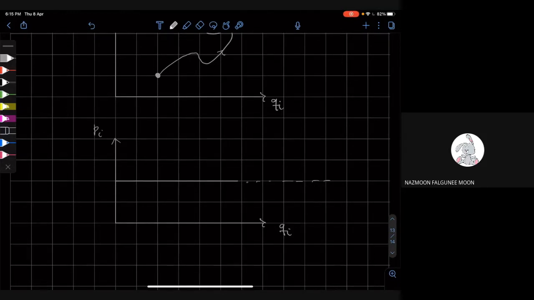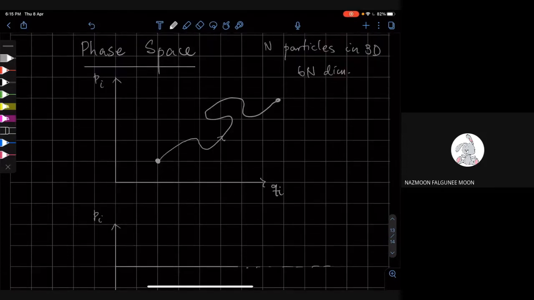Now, one thing you cannot do is that on a phase space, two trajectories cannot intersect. So if I have two trajectories, they must always go like this. You cannot have trajectories intersecting, because if they intersect, at the intersection point it'll be ambiguous where the particle will go after.